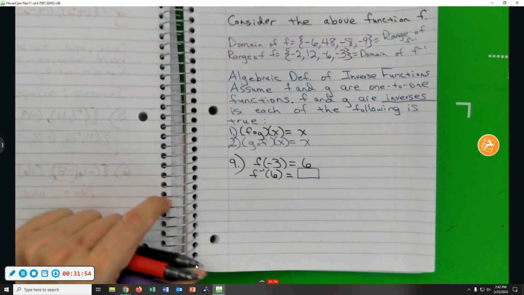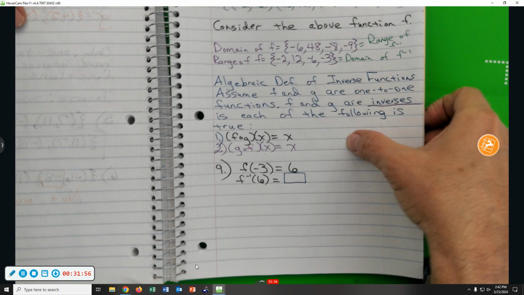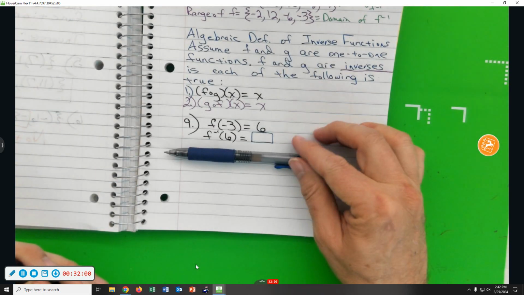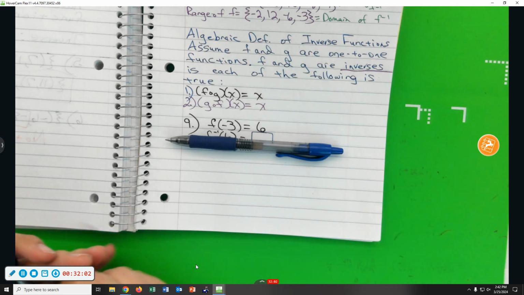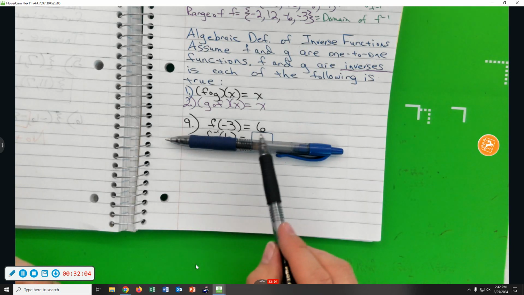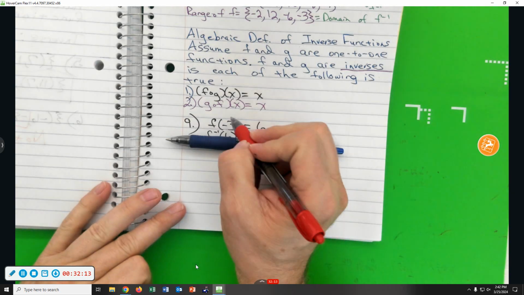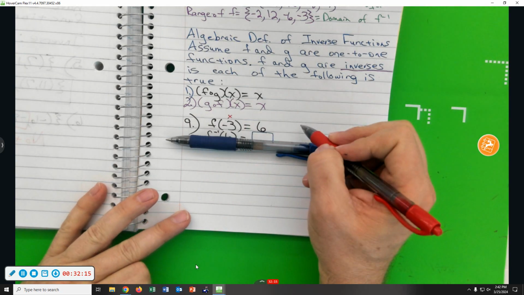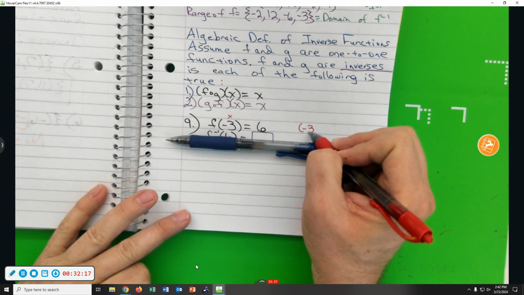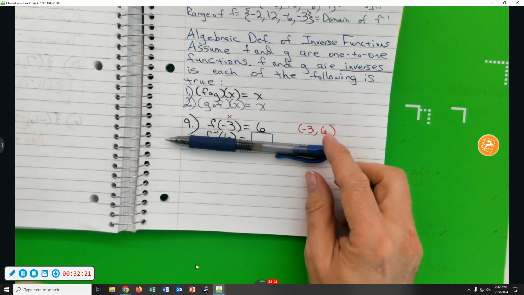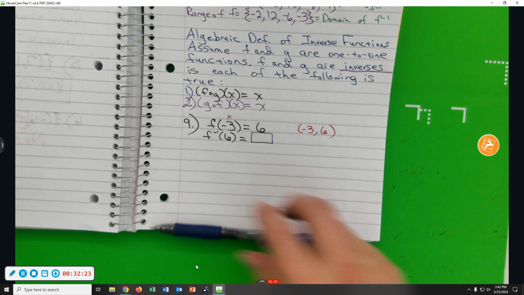Okay, so let's push this up a little bit. Look at this original statement. F of -3 is equal to 6. Using that function notation, what number is the x value? -3 or 6? -3 is the x value. So you have the ordered pair -3, 6. Now we're going to reverse it.